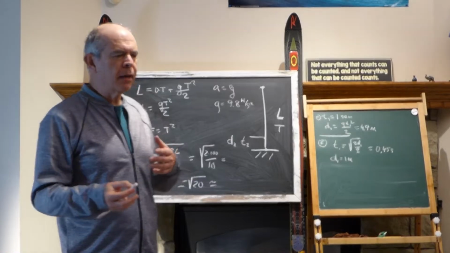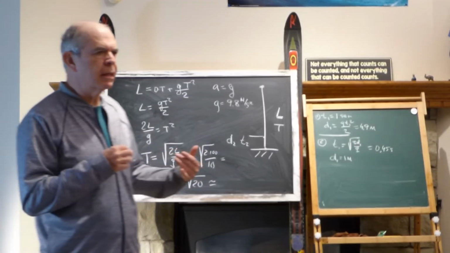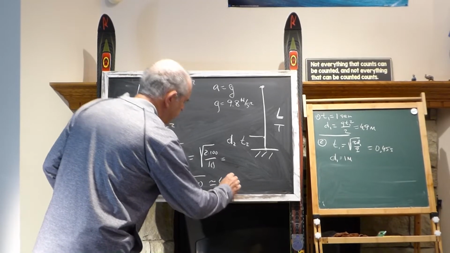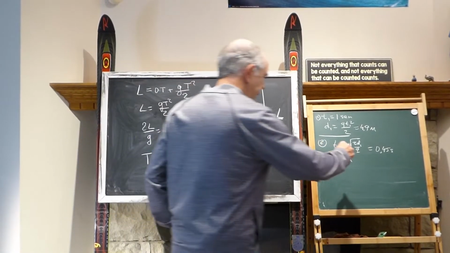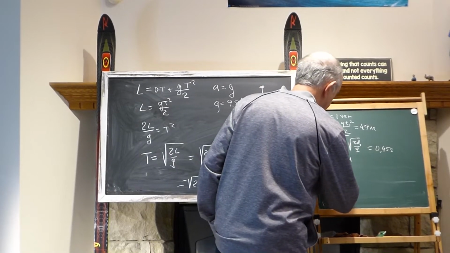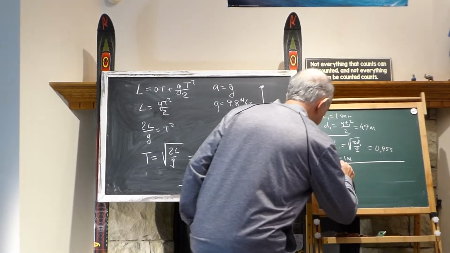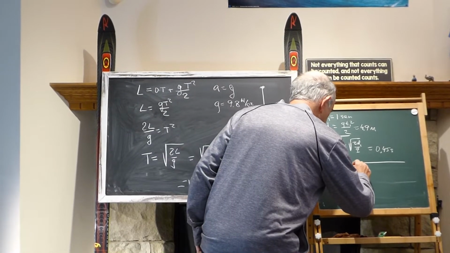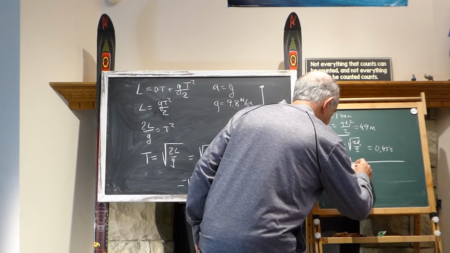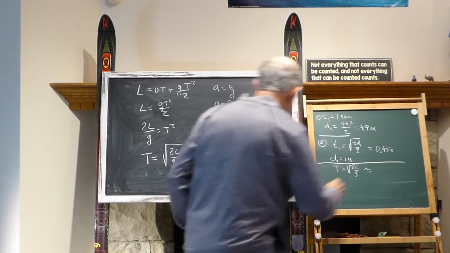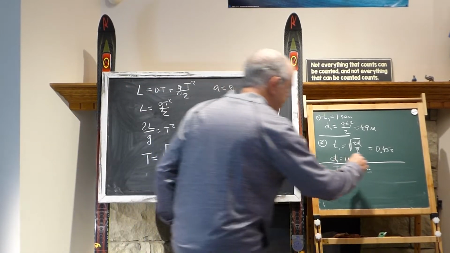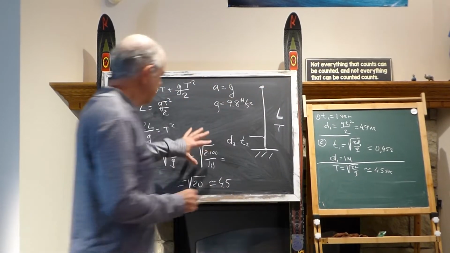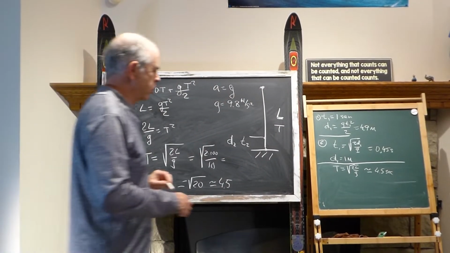Square root of 25 is 5. Square root of 16 is 4. That's somewhere in the middle, so I can put 4.5. And let me write it here: T capital equals square root of 2L capital over g, and it would be roughly 4.5 seconds. And that's all I know about this situation.